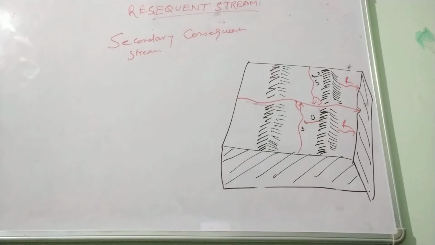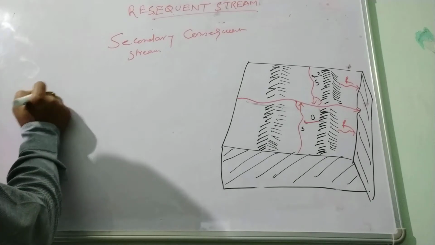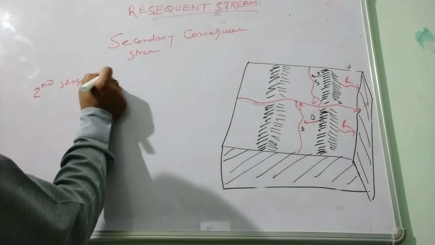This is called the resequent stream. These are formed much later than the master consequent stream and flow at a level lower than the master consequent stream. Geomorphologists stated that these are formed at the second stage of the folded structure.